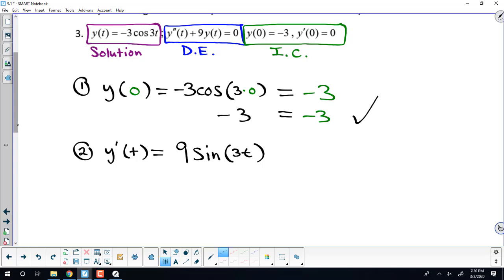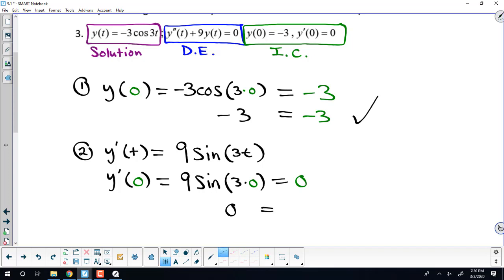And then we want to verify, does y prime evaluated at 0 give us 0? Yep. 0 equals 0. Okay, so we verified the initial conditions, and that's really the only other added step when we have initial conditions.